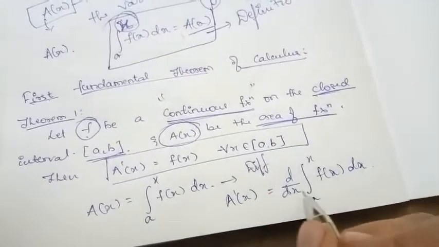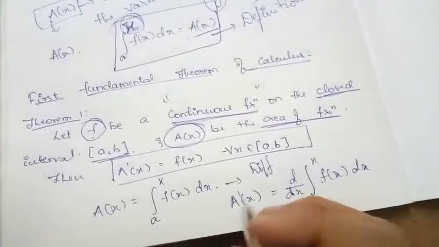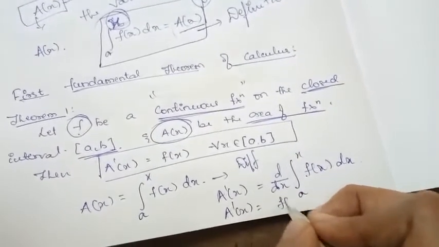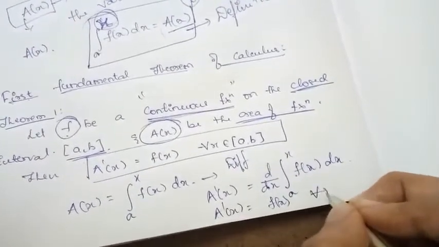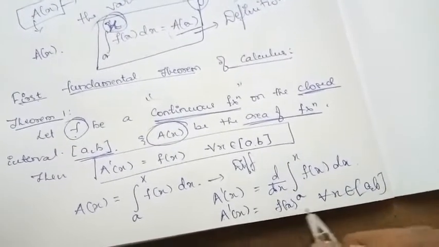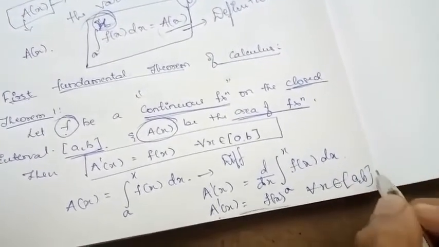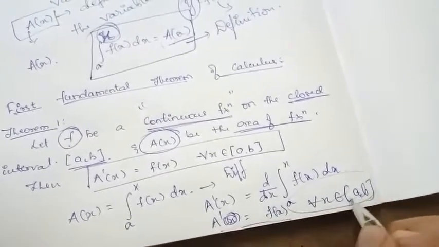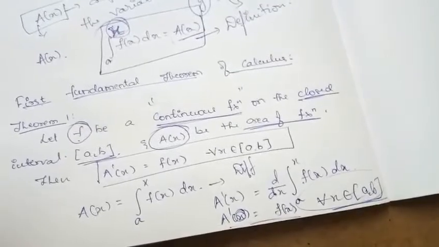Clearly, as differentiation and integration cancel out, we get A dash of x is equal to f of x for all x belonging to the closed interval a to b. Whatever value x has, that x is lying between our closed interval a to b.